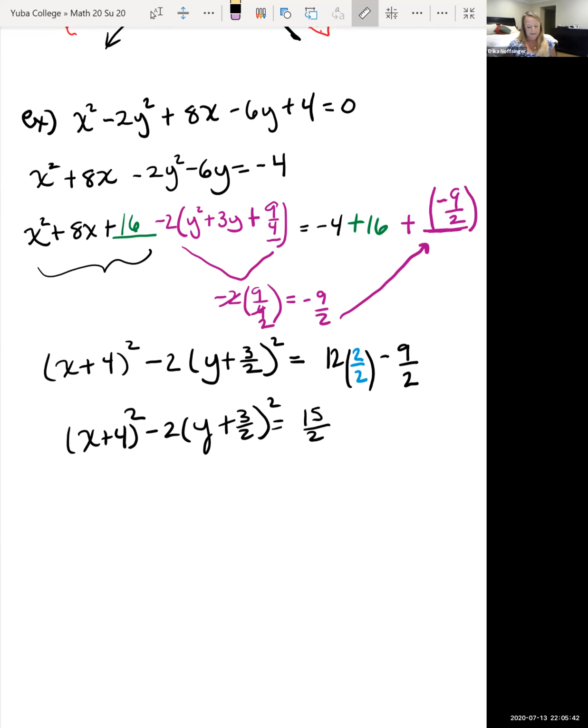Not quite in standard form. We have to set this equal to 1. I could divide everything through by 15/2, then I'm dealing with a complex fraction, or I can multiply by the reciprocal, and then I don't have to deal with that and can simplify.